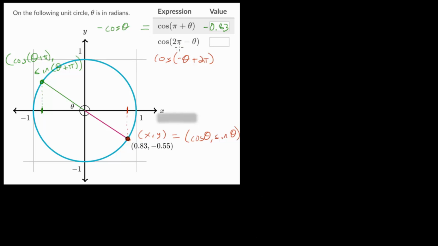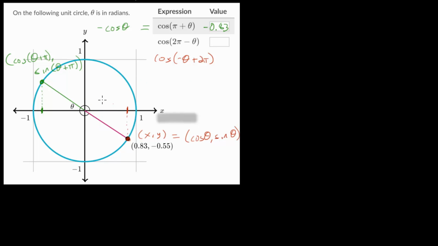Now from here, we want to consider this angle, 2 pi minus theta, or negative theta plus 2 pi. And we need to look at negative theta on this graph. If we go in the counterclockwise direction, we are measuring positively to this angle, but we want to go in the clockwise direction, so we measure negatively, and we want to go the same distance around. So we will end up roughly over here.